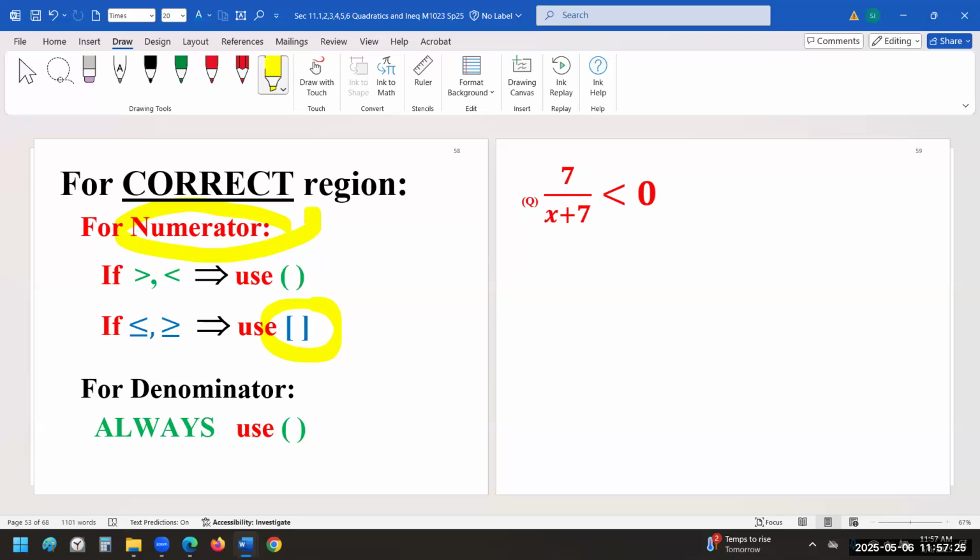And everything you have from the denominator and infinity, they always have parentheses. So the difference between what you did and what you're going to do is that for rational, the same steps: factor, solve for x. But when you solve for x, you have to solve for x with the numerator and denominator and place everything on the number line and then test it out.